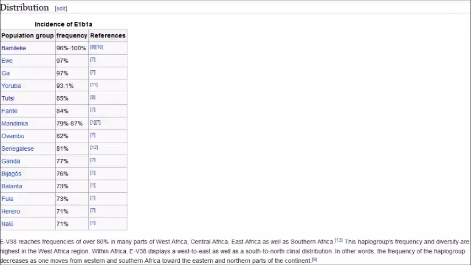And as you can see, by virtue of the high numbers, we got the Bamileke, the Ewe, the Jola, the Yoruba, which is where I descended from, the Tutsi, the Fante, the Mandinka, Ovambo, Sinhalese, Ganda, the Bijagos, the Balanta, the Fulas, the Hereros, the Nalus. There's a whole lot of them that's not here, but this is just to give you a good indication of where we're all scattered into.